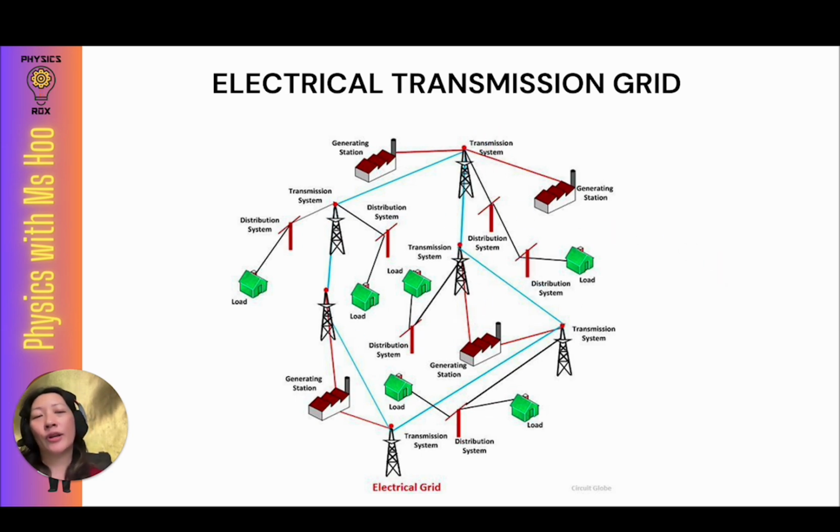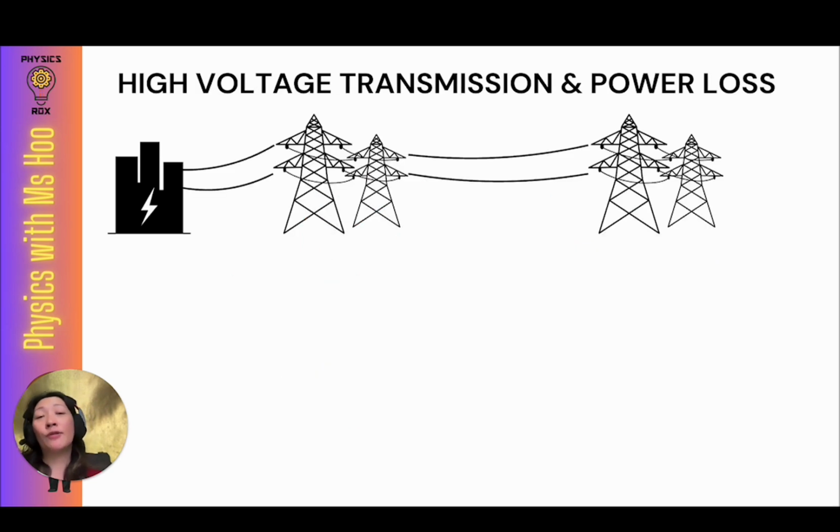So now a common question when it comes to electrical transmission is, why are we transmitting electricity at such high voltages? Why do we see the warning high voltage signs on all the electrical transmission towers as well as the substations? It's everything to do with the power loss. Now, the formula for power loss is P equals I squared R, where P is power, I is current, and R is the resistance of the cables.